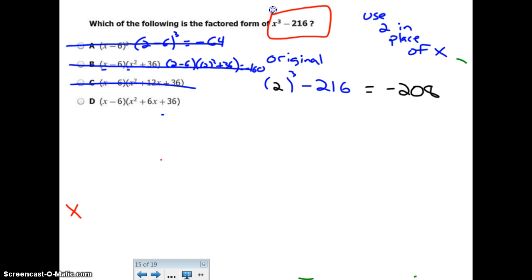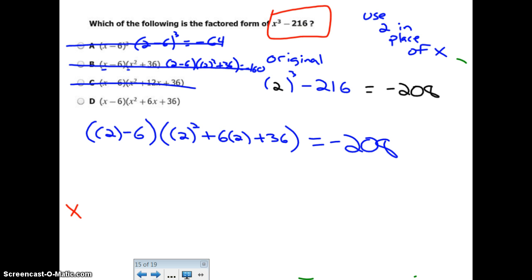Okay, let's say you have 2 minus 6 times 2 squared plus 6 times 2 plus 36. All right. So check it out.